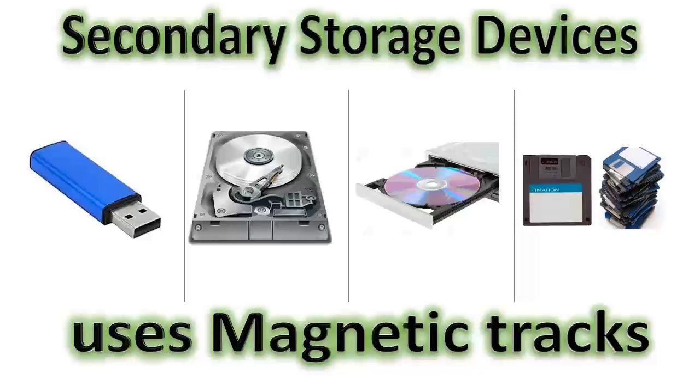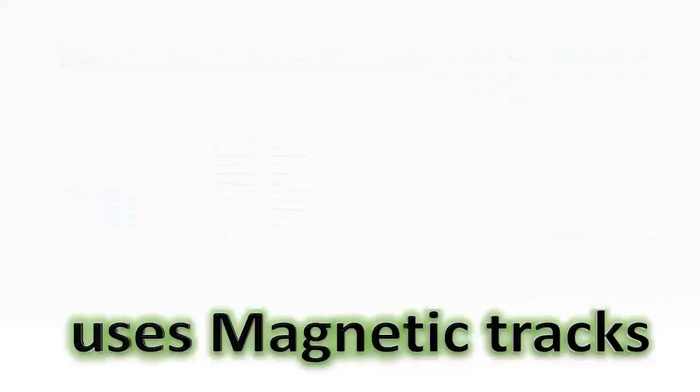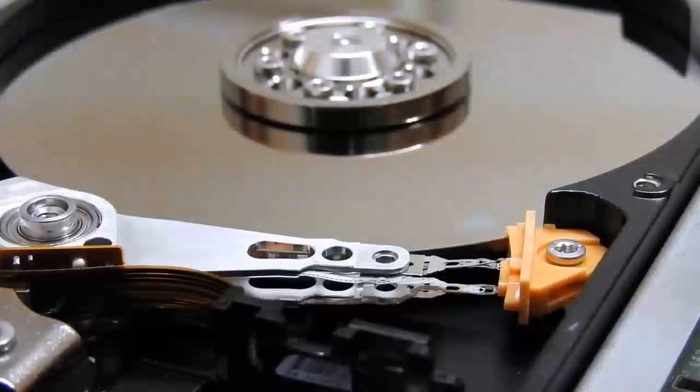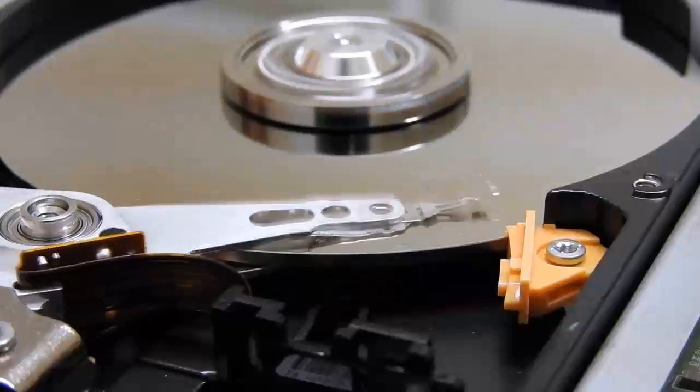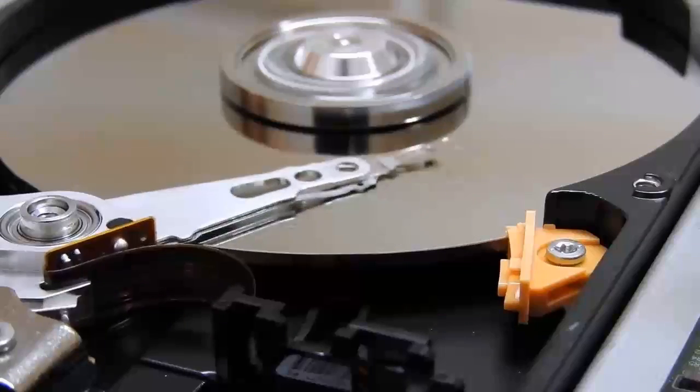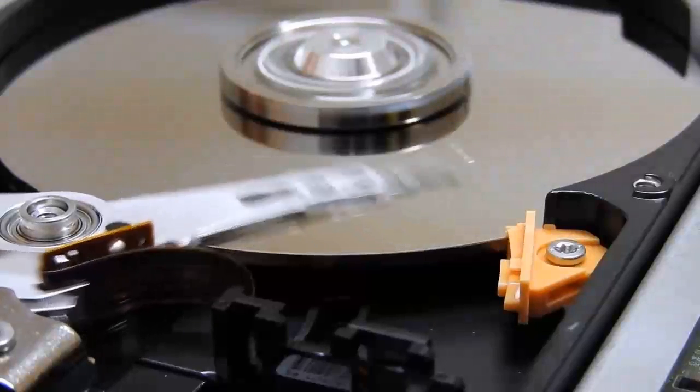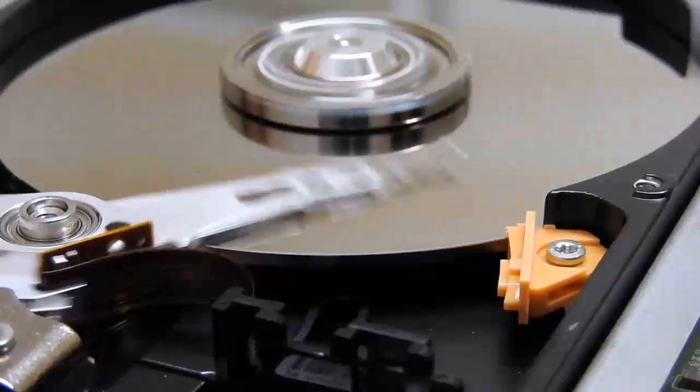Secondary storage devices use magnetic fields to store data. Hard disk has tracks and sectors. The hard disk head gives access to the different tracks, and the spindle gives access to the different sectors.